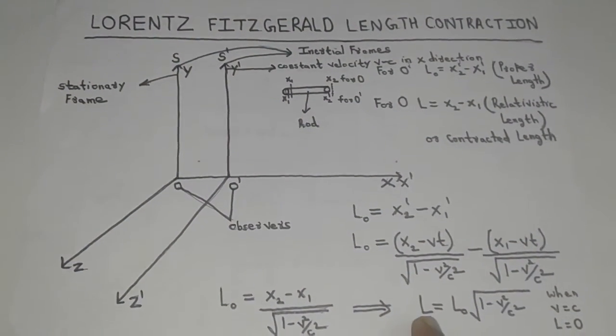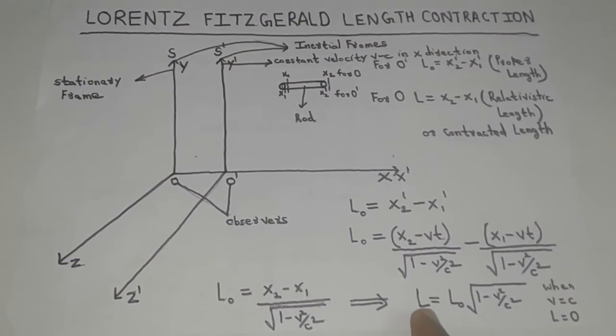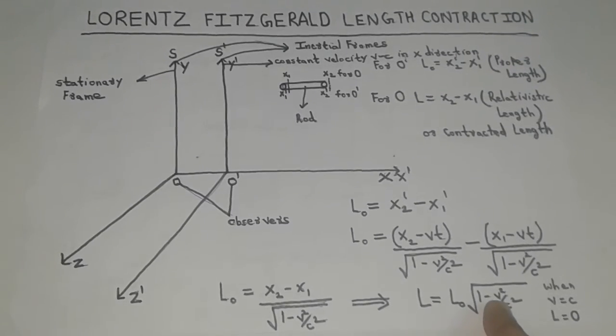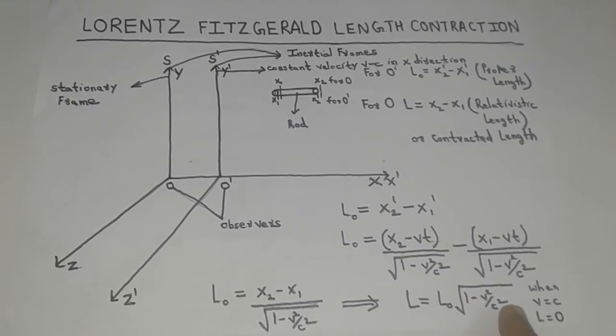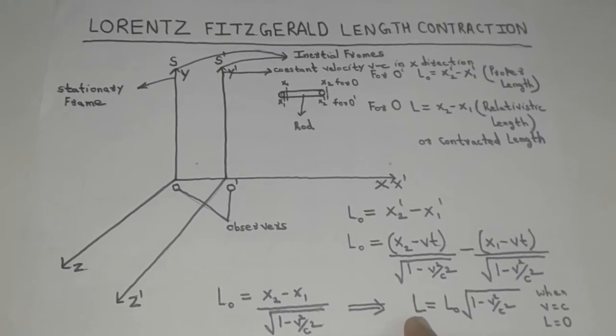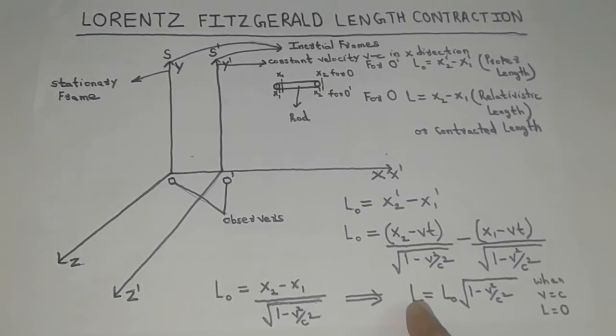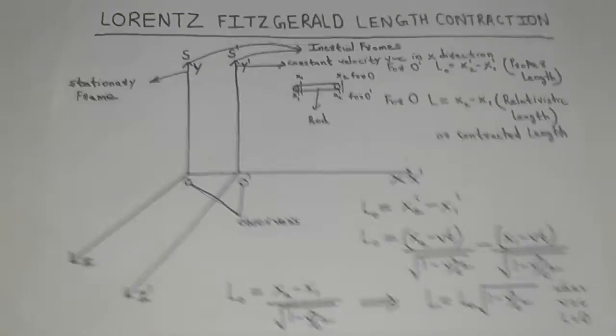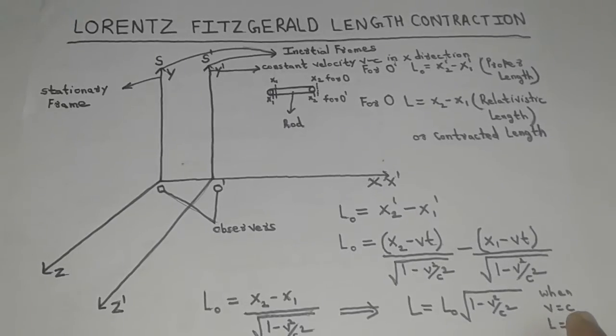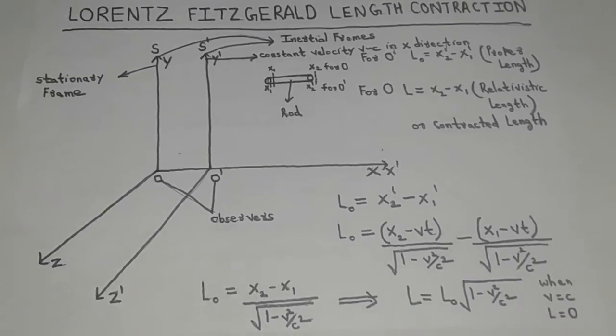This contracted length L, or the relativistic length, is a function of the velocity of the rod. So the higher the velocity of the rod, the lower will be the relativistic length, or the greater will be the percentage contraction. So when v is equal to c, then L is equal to 0.